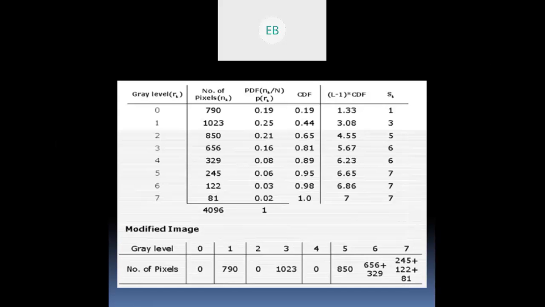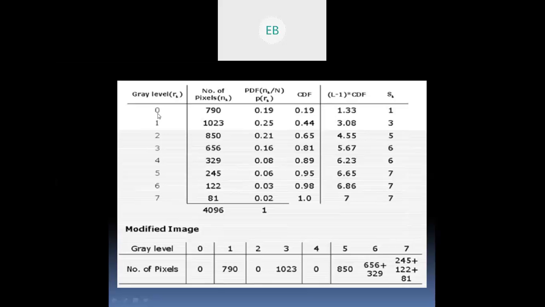I'll give you the PPT and I'll explain. So these are gray levels 0 to 7, and these are the total number of pixels. Overall, when we calculate all these pixels, the total rounds to 4096. Then this is the probability function, P of RK. We get these values by dividing the number of pixels of a particular gray level by the total number of pixels.